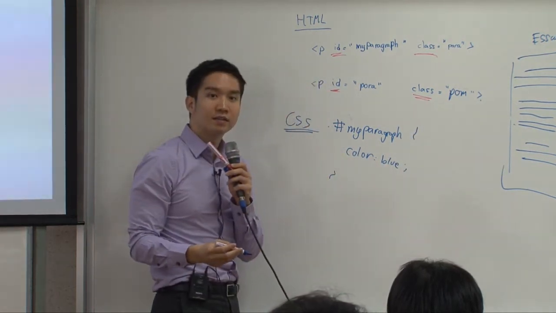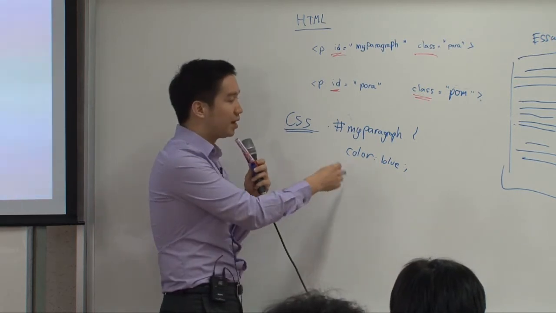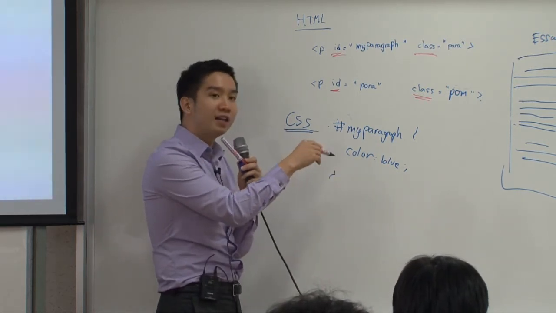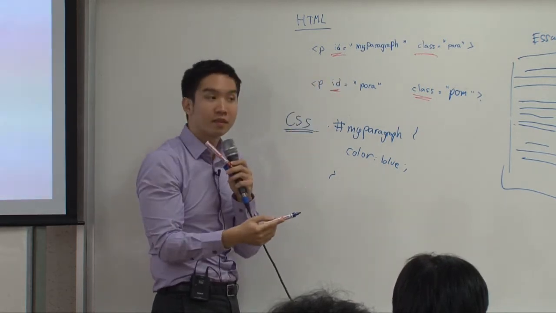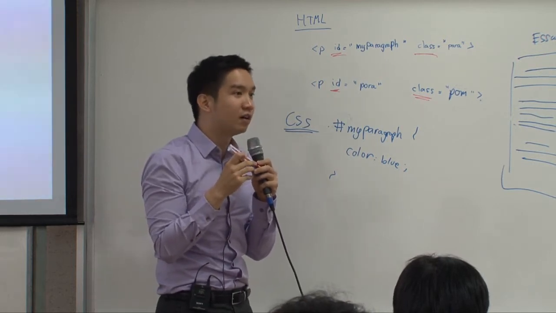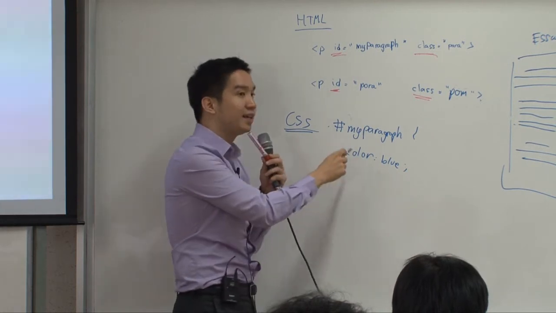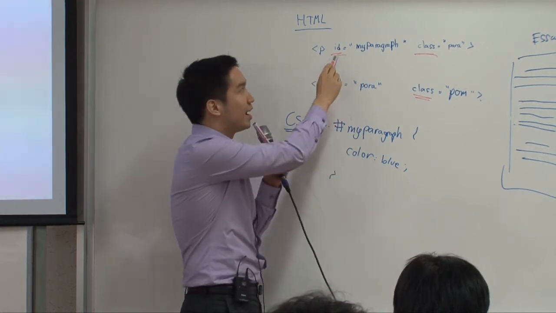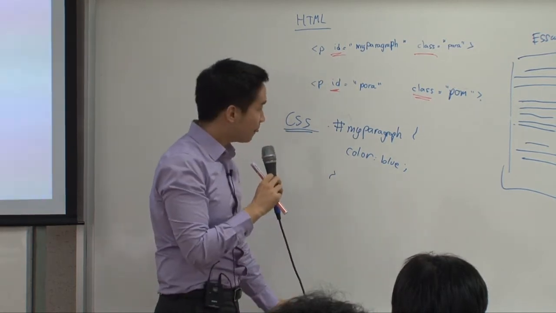So this is how you would apply the color blue to all elements whose ID is my paragraph. Does it care if that element is a paragraph tag or a body tag? No, because this is selecting elements whose ID is my paragraph. Okay, good.